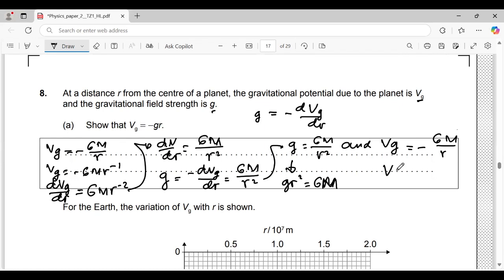So it becomes Vg equals minus g r squared over r, again because GM equals g r squared. So Vg equals minus gr, because r divided by r. Proved.